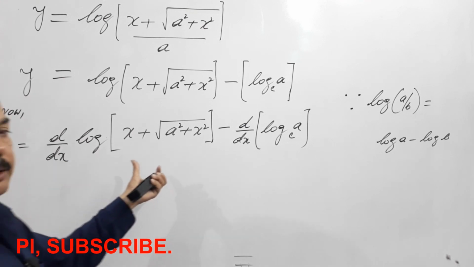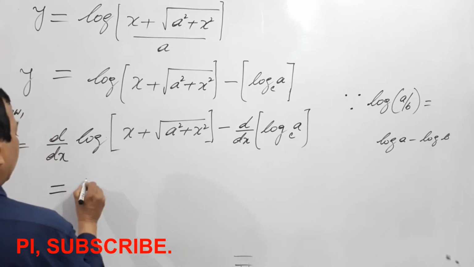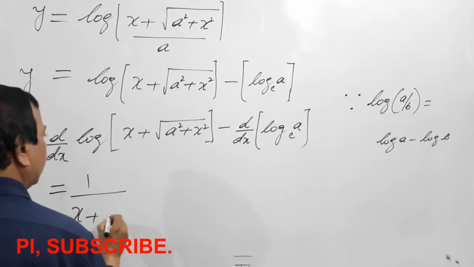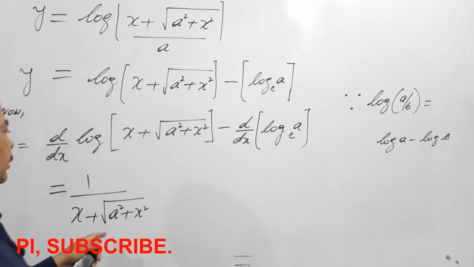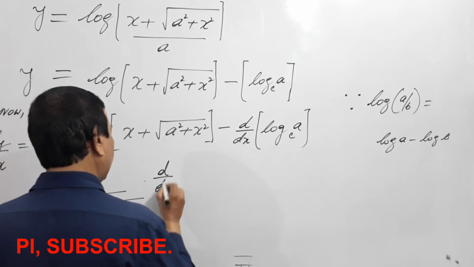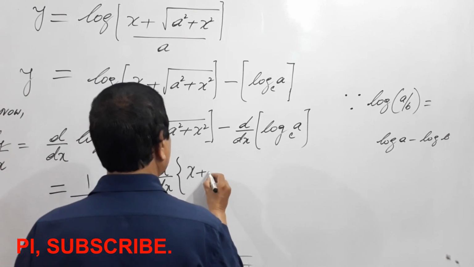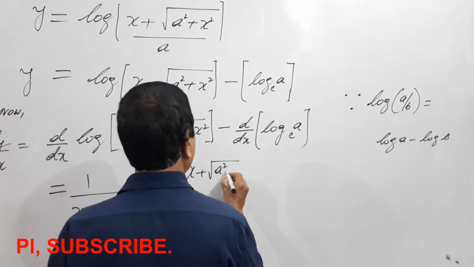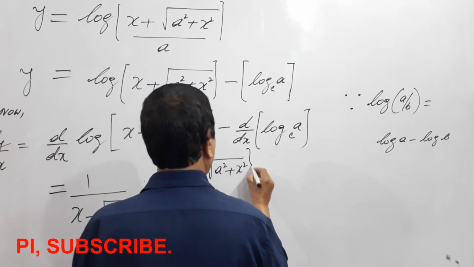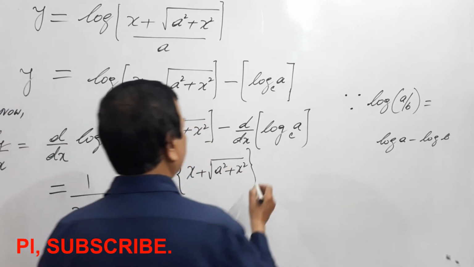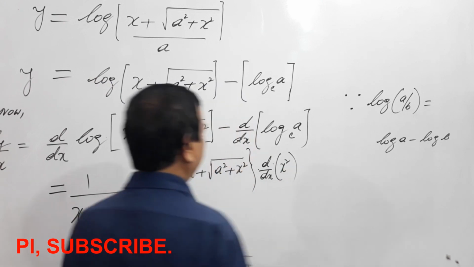Whatever is there within the log, this becomes 1 by x plus under the root a square plus x square, then into d by dx of x plus under the root a square plus x square, into d by dx of x square.